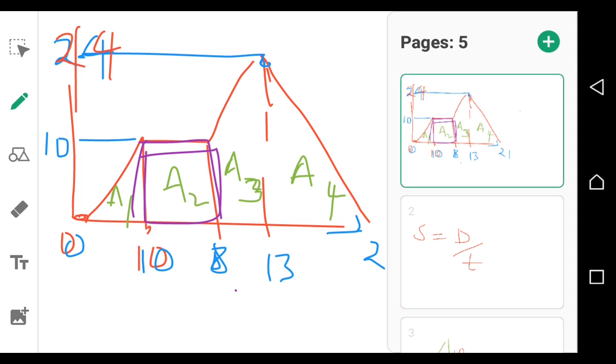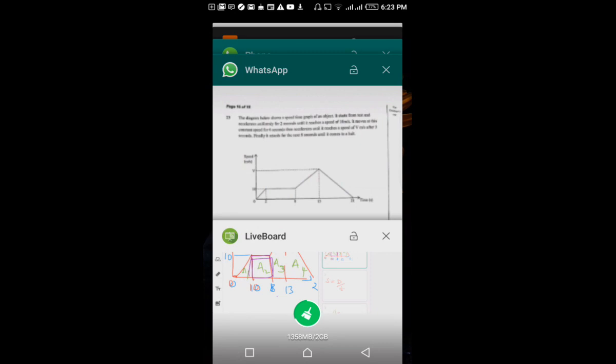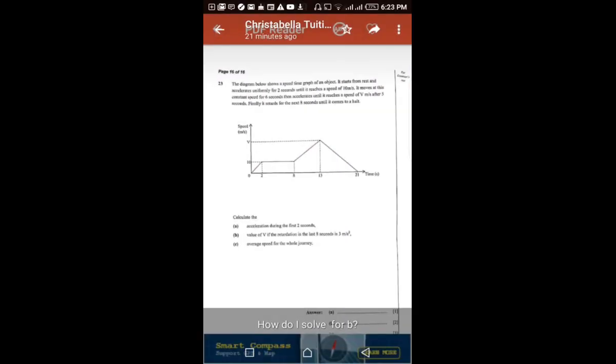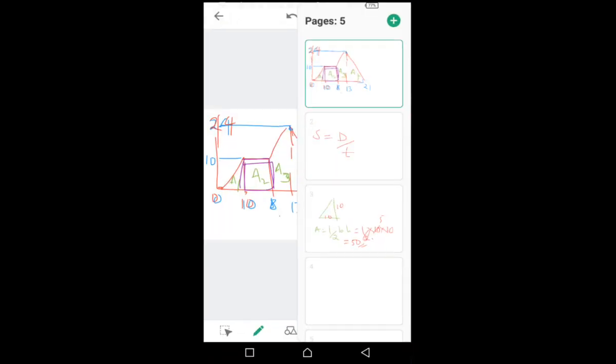What was the actual diagram saying? Let me look at the question. It is 2, 8, 13. Okay, 2, 8, 13. I've made a mistake. So 2, 8, 13. That was the actual question.